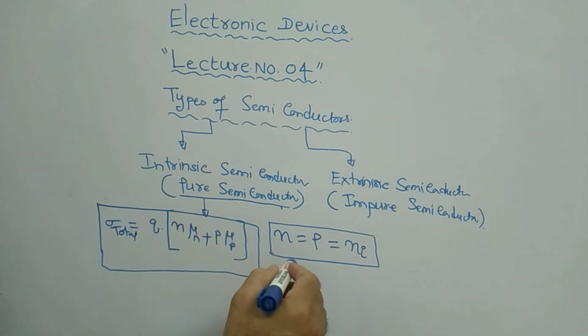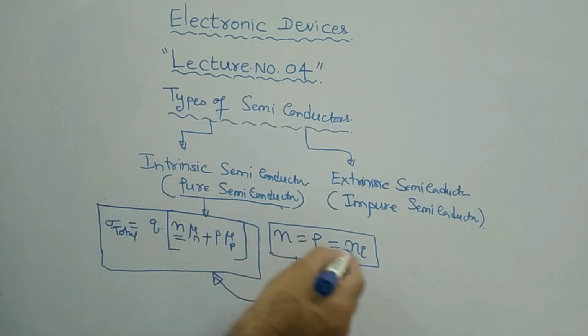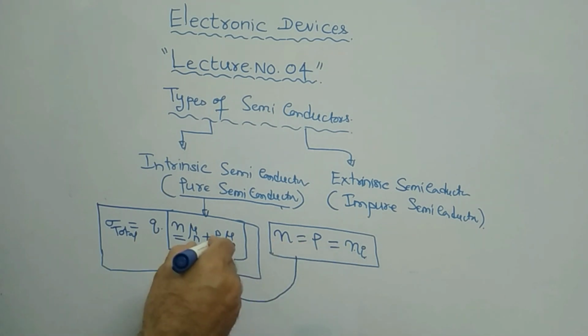Therefore, you apply this relation in the equation: in place of n, you write n suffix i, and wherever p is there, you also write n suffix i.